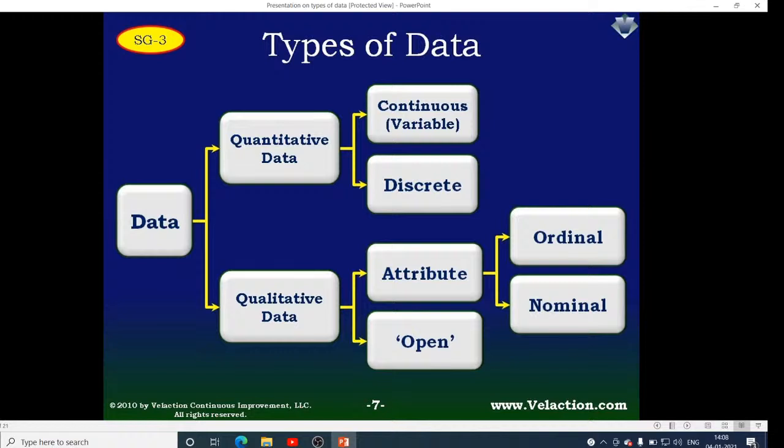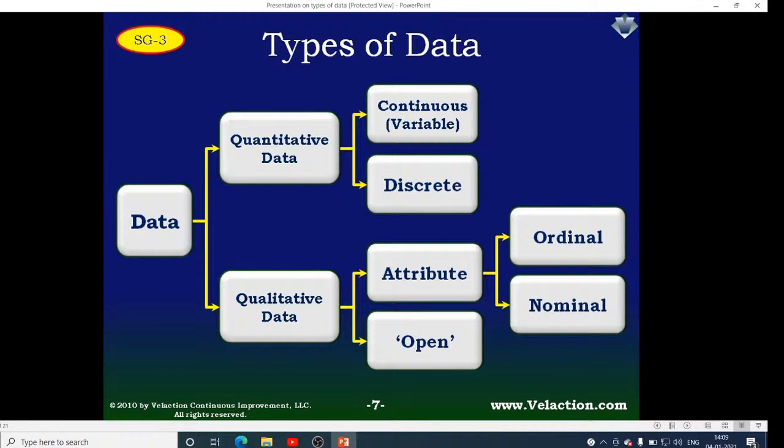Every topic I explained one by one, but the very basic topic is types of data in statistics. Already we know the definition, how many types of data, how we interpret the data, everything. But I think you forget. Class is over very long ago. So I will start the revision class with the types of data.